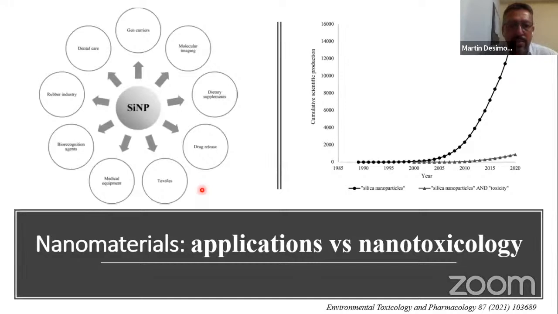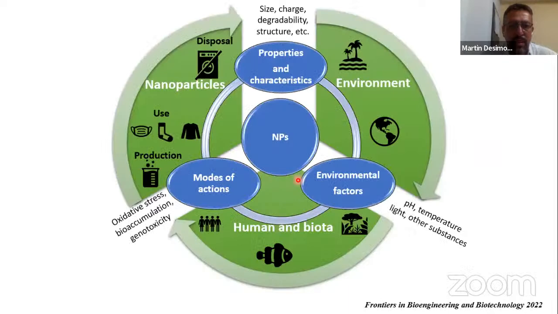Well, the nanomaterials application is growing very fast, but we observed in recent years that what is also growing very fast is the nanotoxicological effect of these nanomaterials. So we must have in mind the effect of these nanomaterials, especially because we can get exposed to nanomaterials during different steps. For example, we can get in contact with nanomaterials during their production, during their use, or during their disposal.